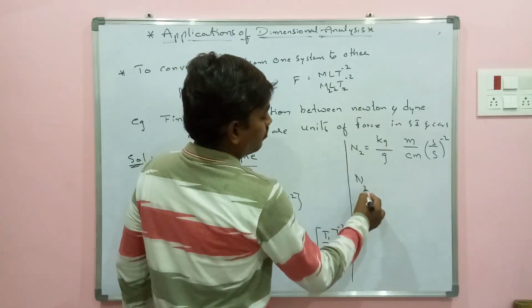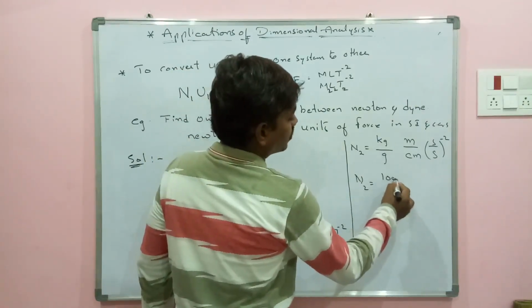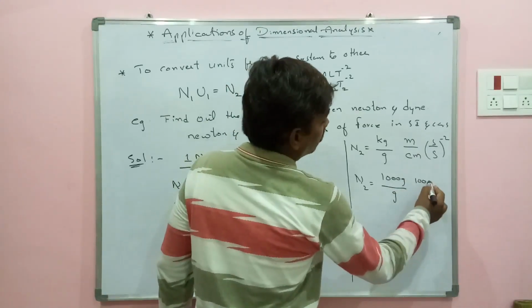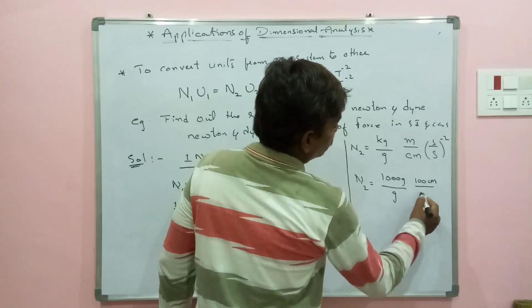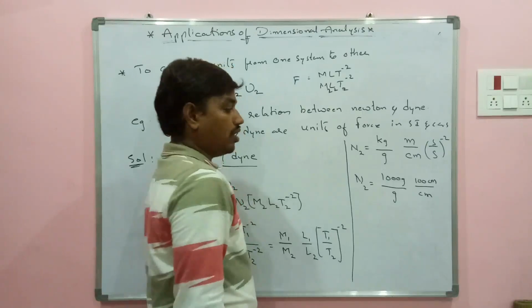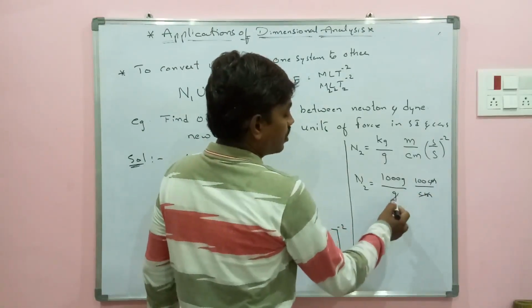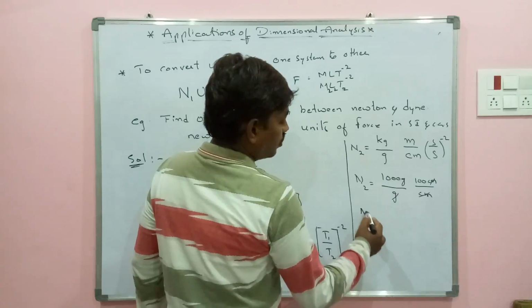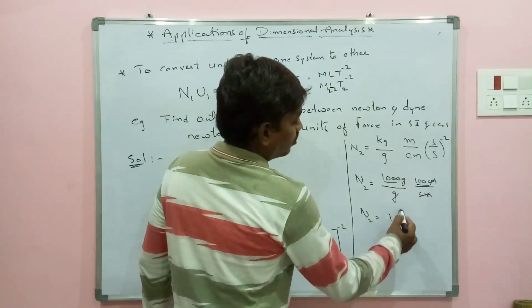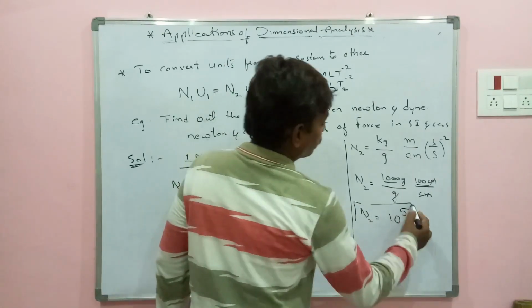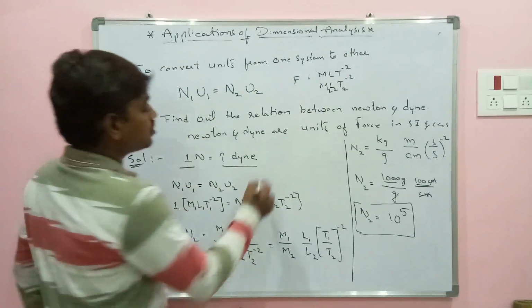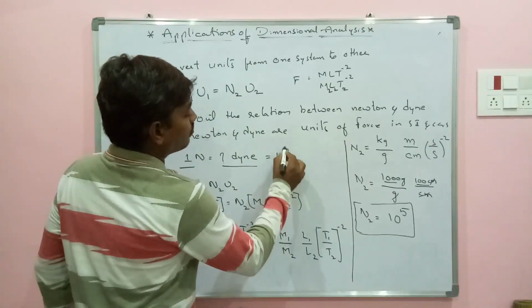So N2 will be equal to, kilogram stands for 1000 grams by gram, meter is 100 centimeters by centimeter. Second by second is 1, 1 to the power of minus 2 is again 1. So centimeter, centimeter, gram, gram will be cancelled. So N2 is equal to 1000 into 100, so 10 to the power of 5. So 1 Newton is equal to how many dyne? 10 to the power of 5 dyne.